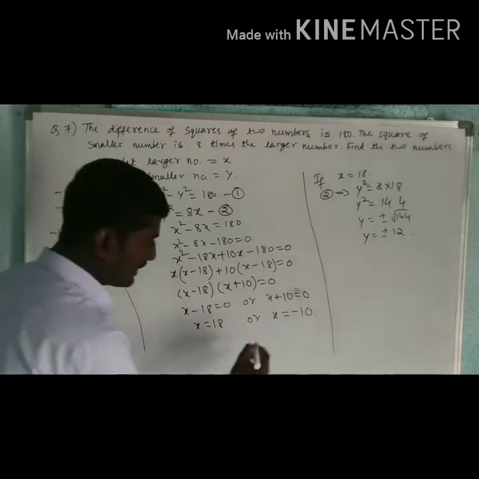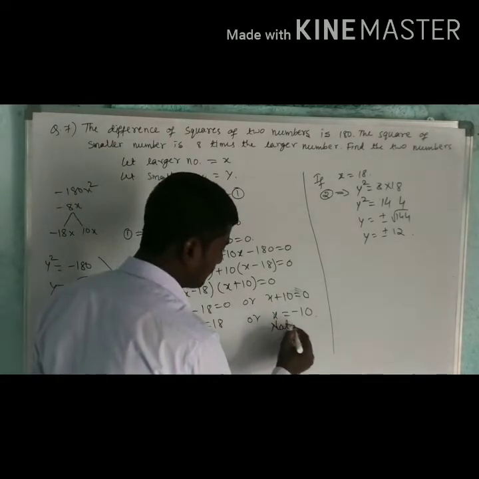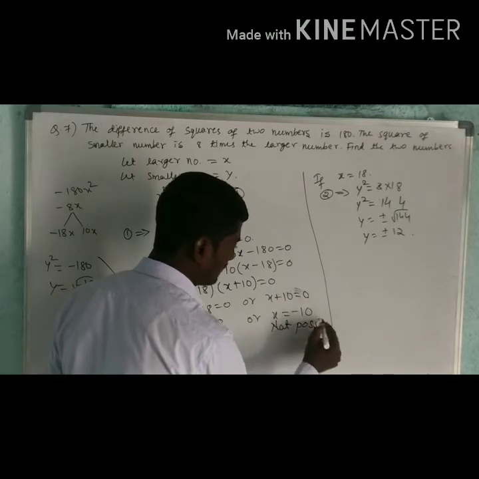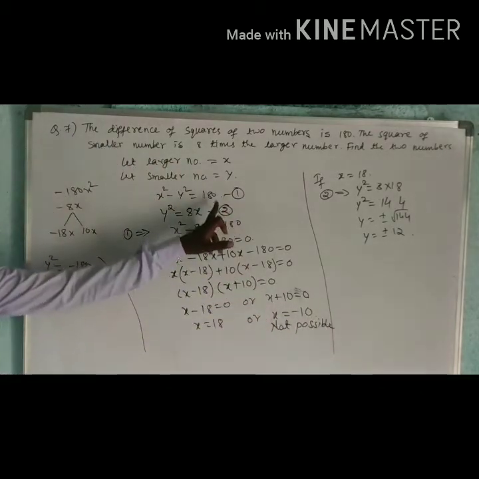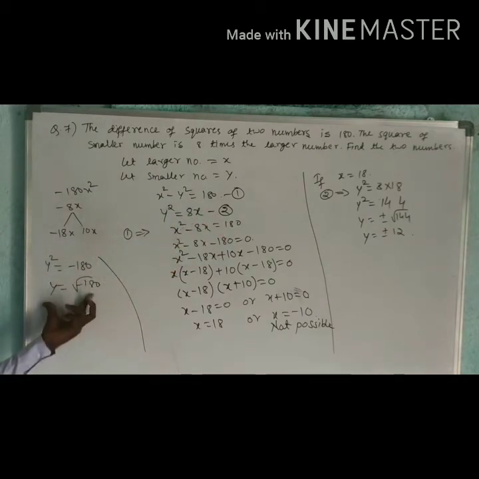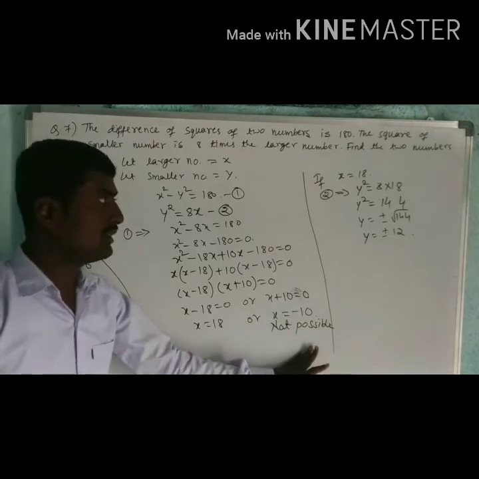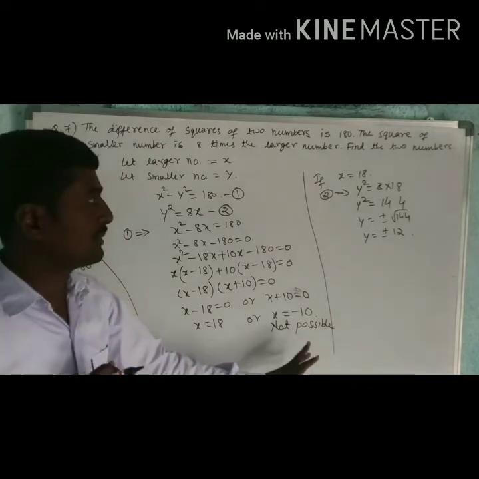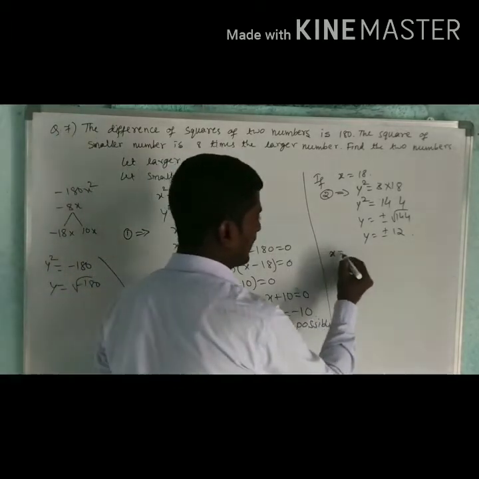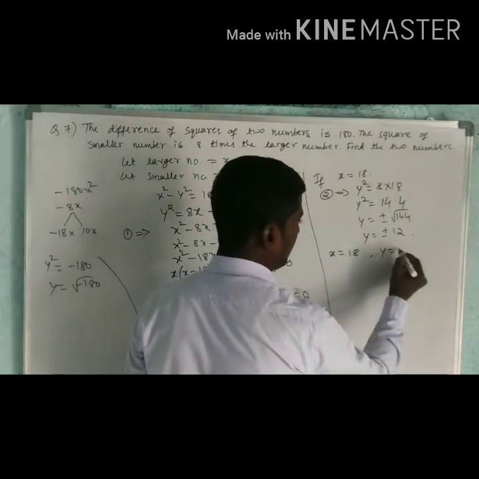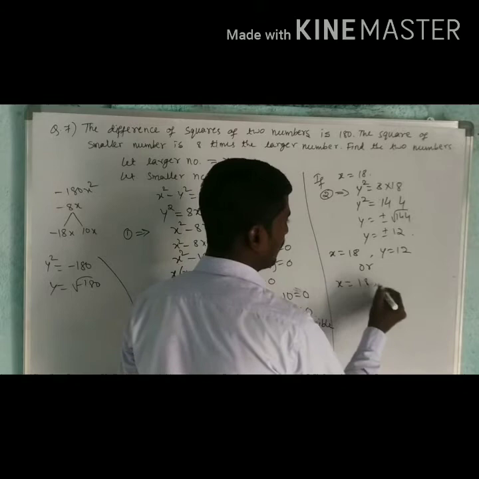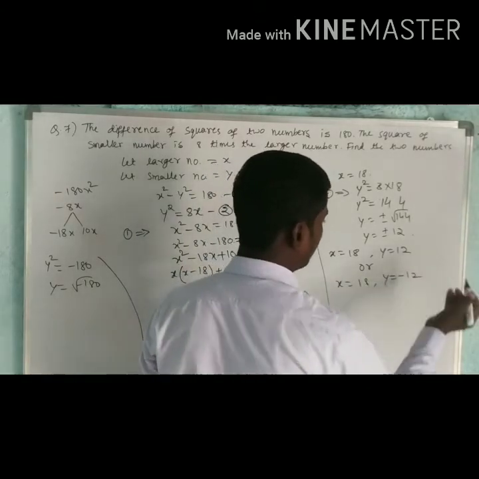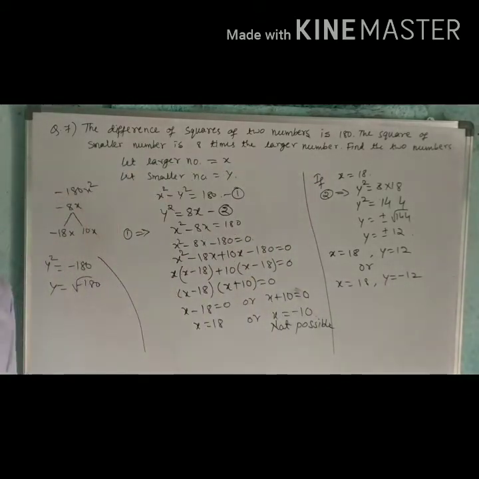So therefore it is not possible, because I will get complex numbers, not real numbers. So the only possible values are x equal to 18, y equal to plus 12, or another possibility, x equal to 18, y equal to minus 12. These are the only possibilities.